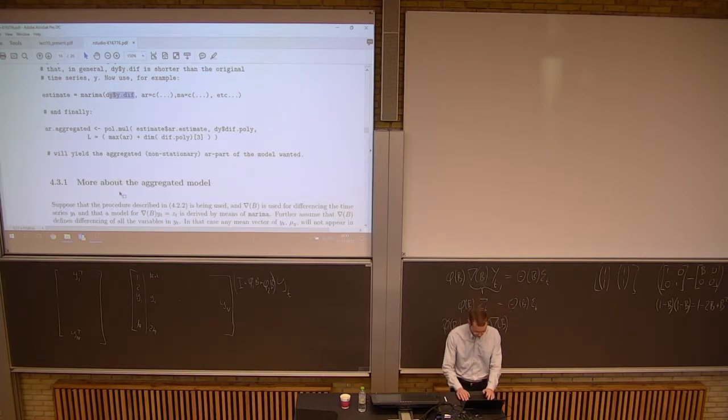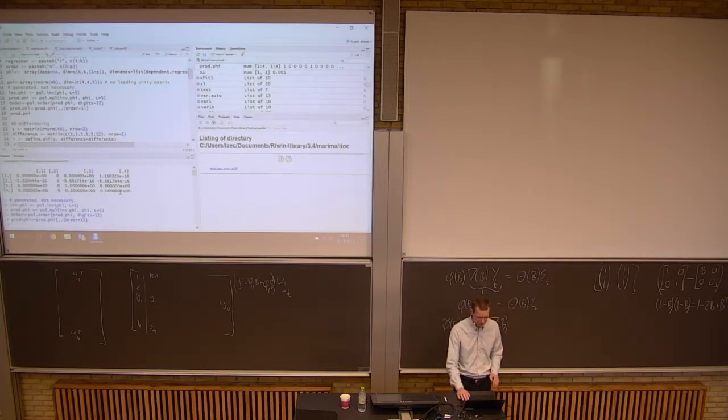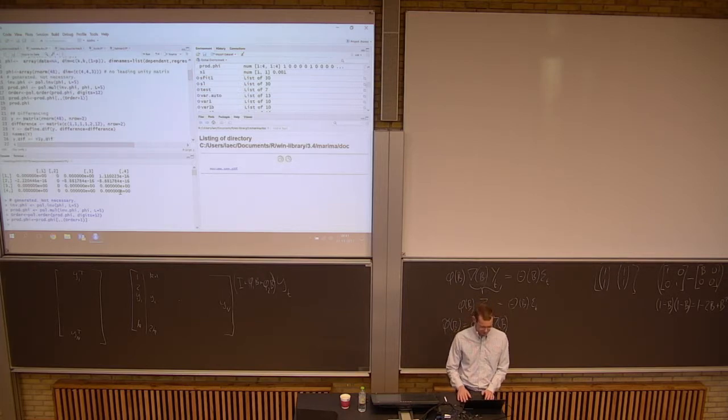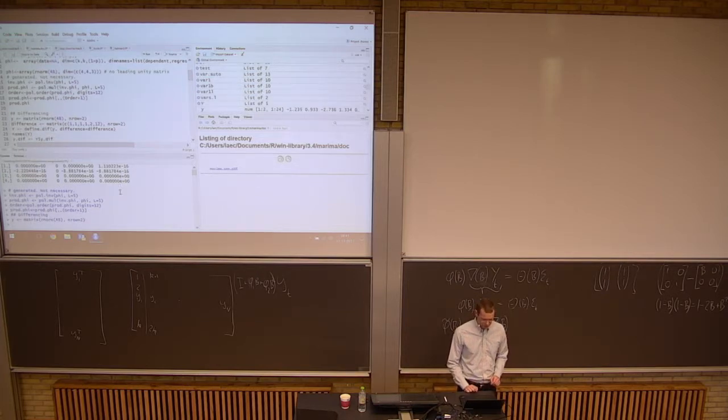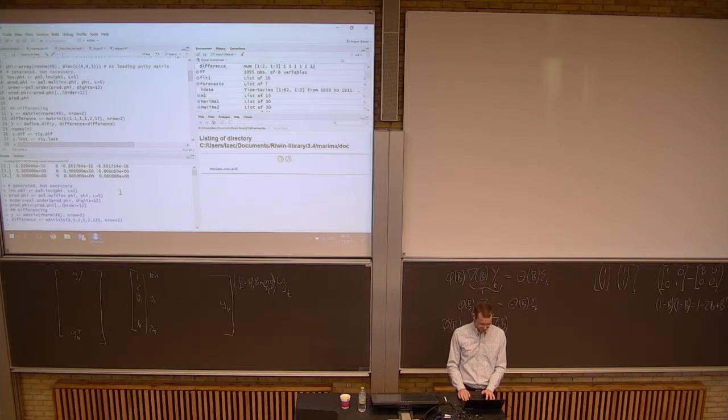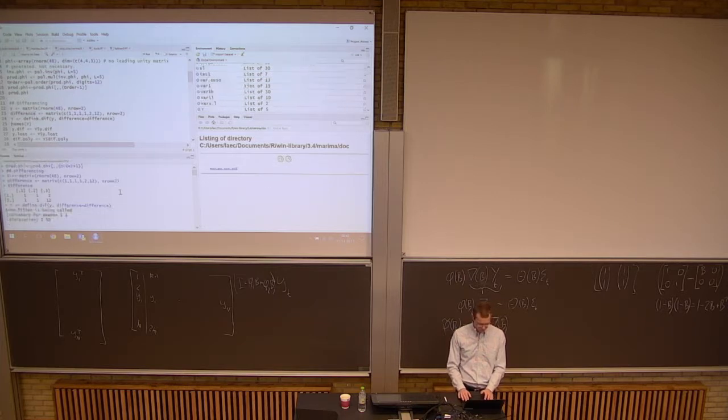Now I think I should just show you how it works in practice. So let me just make some random data. I have 24 observations, and it's a bivariate system, so I have 2 rows and 24 columns in that matrix. If I then apply the same difference operator as before, first I define this matrix here, and then I use define diff.